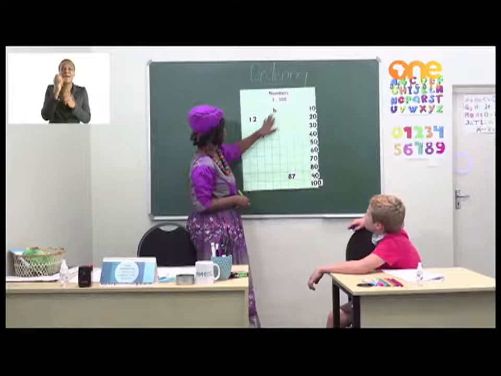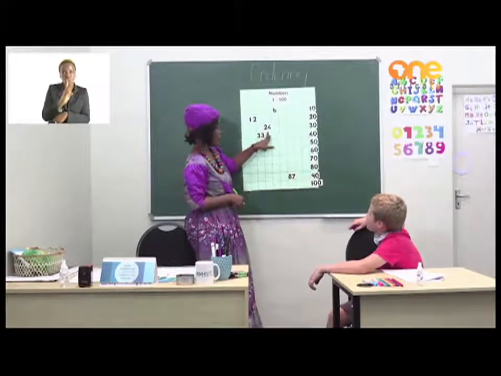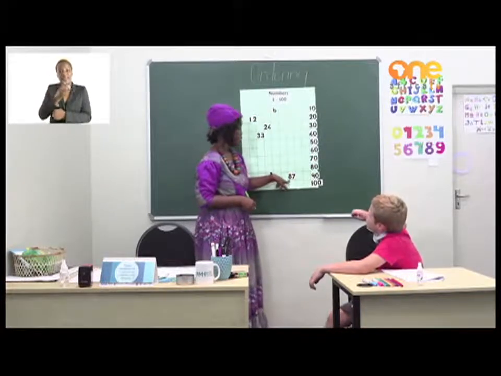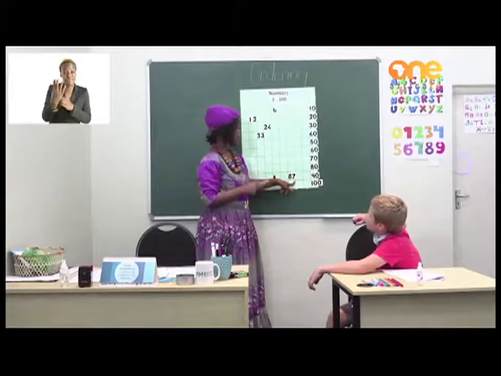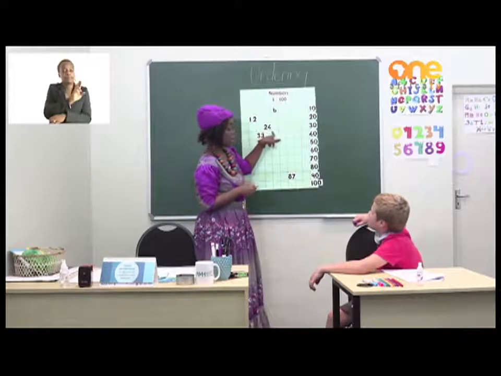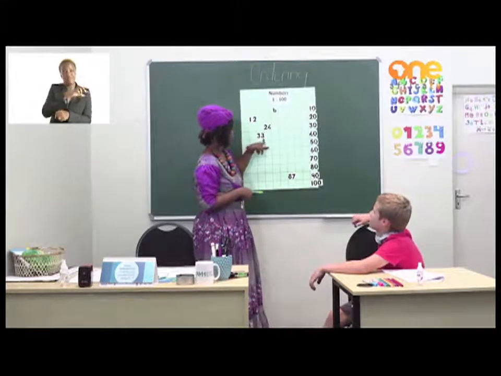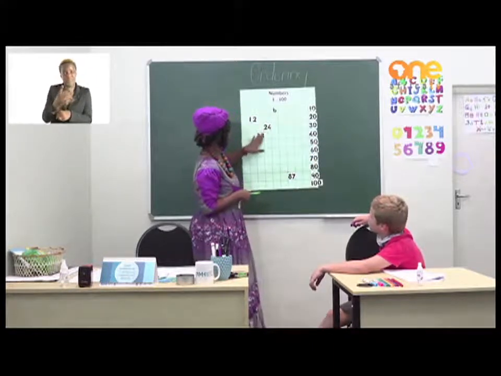We have a 6, we have a 12, we have a 24, we have a 33, and we have a 87. Remember, in mathematics, we read the numbers the way they stand, from the first number to the last one. 24, 33, 87. Now, can we play a little bit of a game?